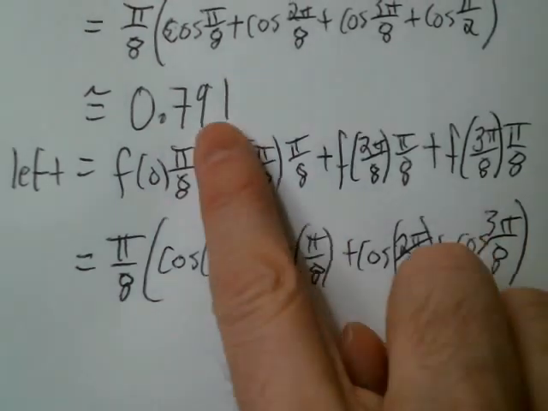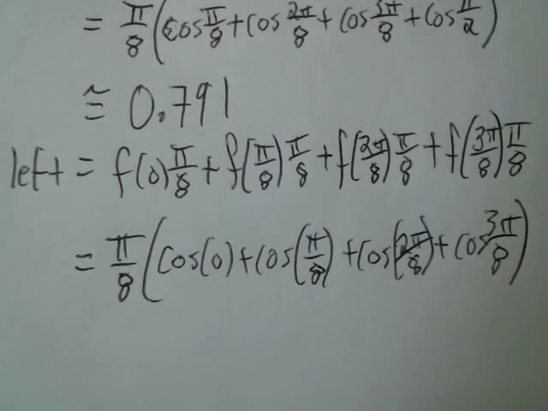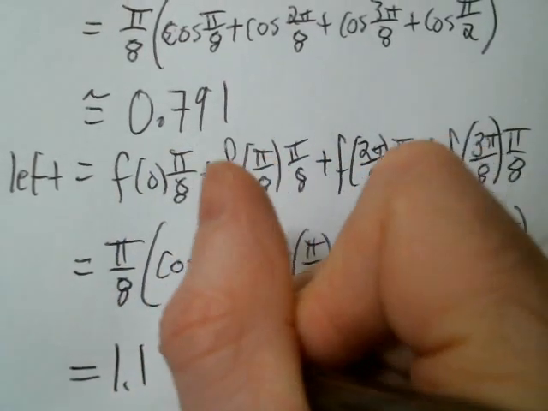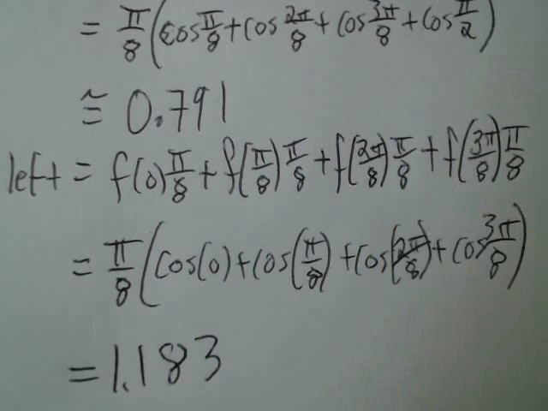Okay. And it should be close to this other answer, within a reasonable margin of error. Plus cosine of pi over 8 plus cosine of 2 pi over 8 plus cosine of 3 pi over 8, in parentheses, push enter, and I'm getting about 1.183 to 3 decimals.